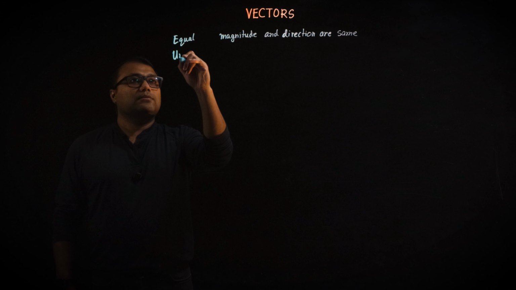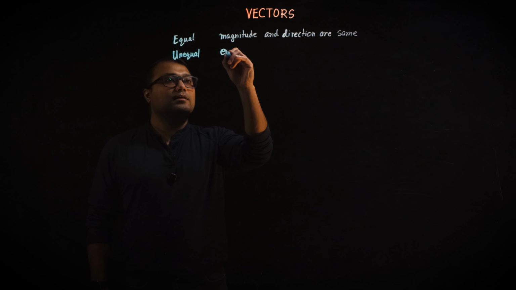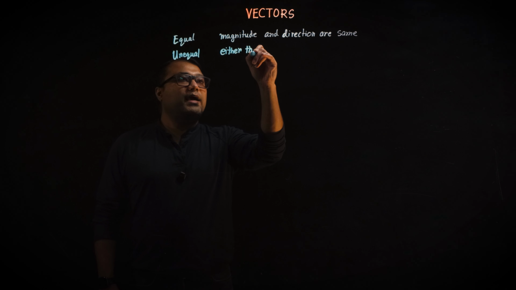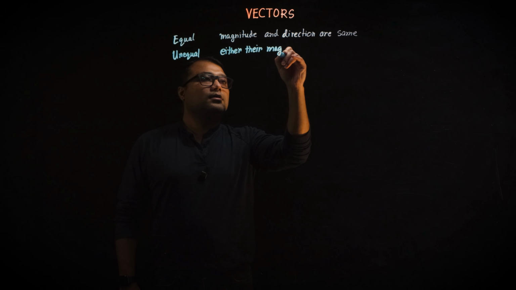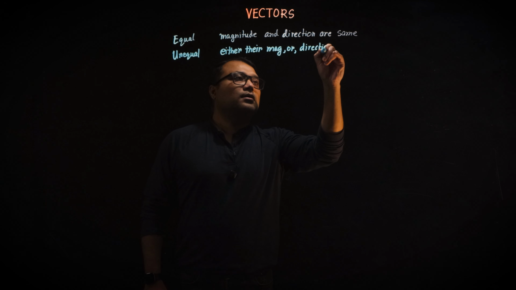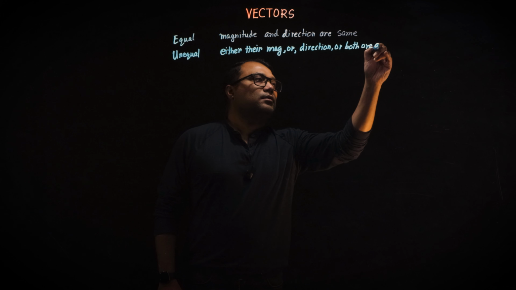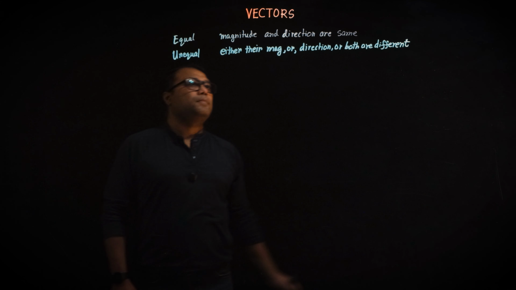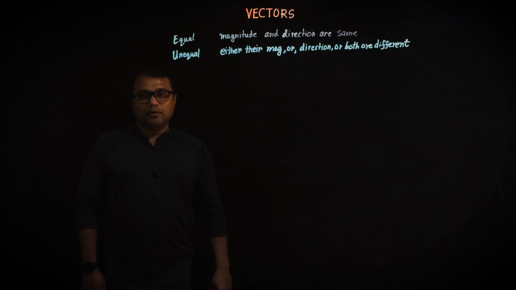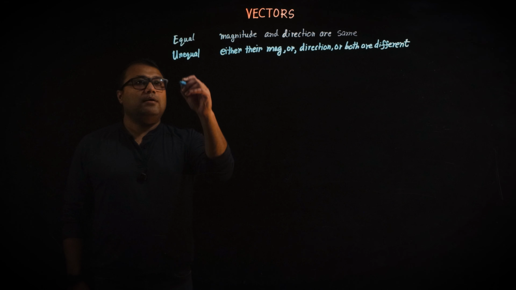Unequal vectors: two vectors are unequal if either their magnitude or their direction or both are different. So if either magnitude or direction is different, then they're unequal.